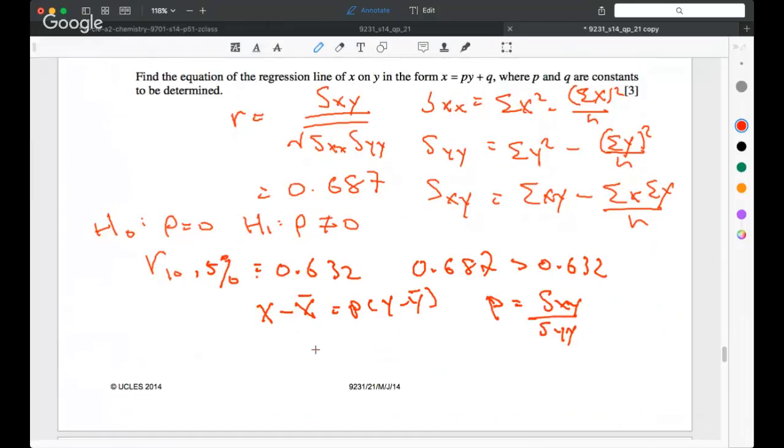We find that x minus 86.6 is equal to 1.2 times y minus 63.9. Rearranging, we find that x is equal to 1.2y plus 9.92.